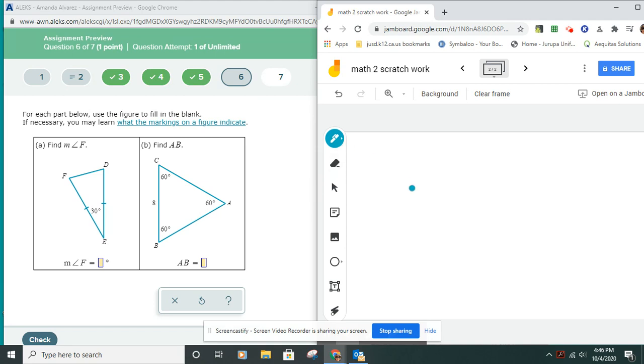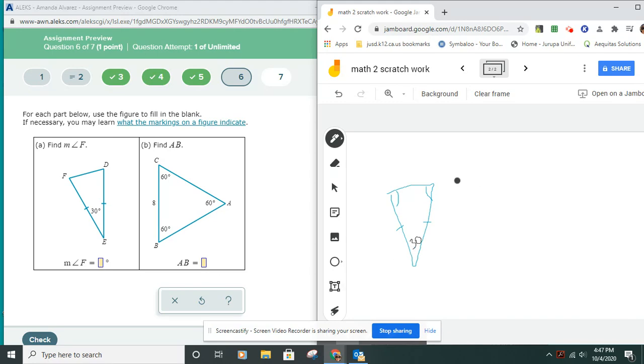So I'm going to just kind of sketch it just so you guys can see. I'm not doing this perfectly at all, but I'm just showing you, okay, what I see is these 2 sides are congruent, then these 2 angles across are congruent. And what I am given is that this one is 30. Okay, I don't need to worry about the sides because it's asking me about a measure of angle F.